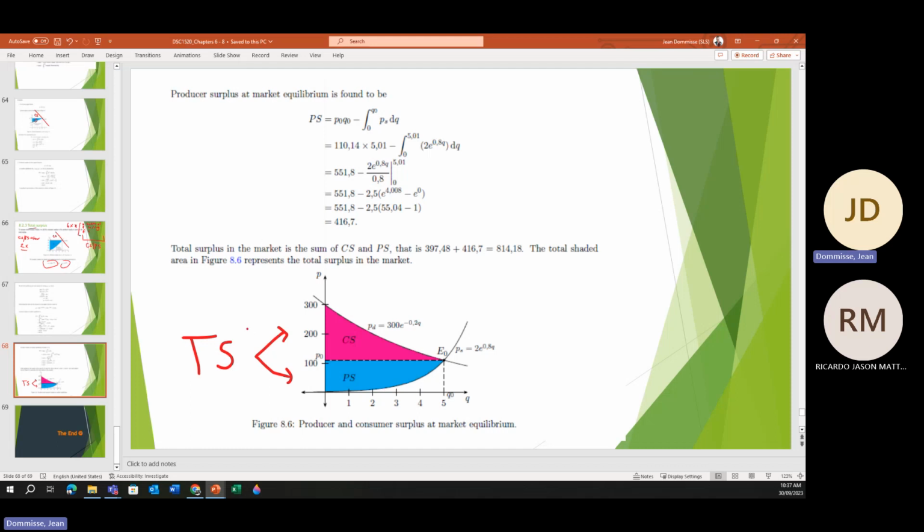But total surplus is just you add the two together. So again, when we work it out, we will need to work out the consumer surplus component. We will need to work out the producer surplus component.